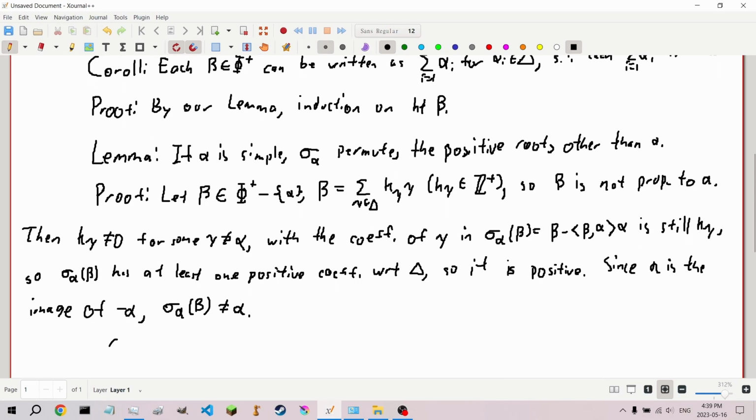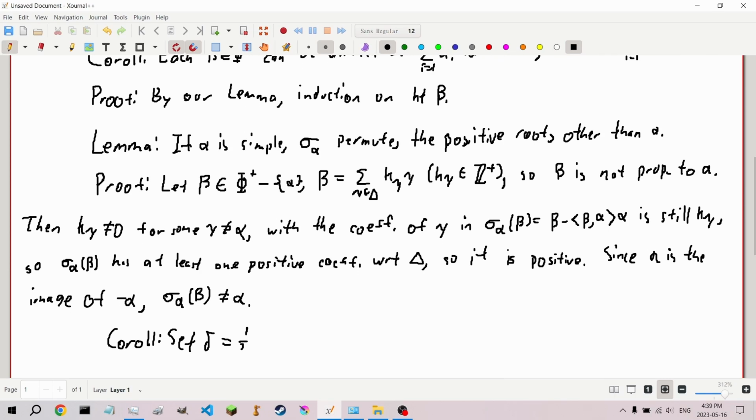And there's a corollary to this. We set delta to be 1/2 of the sum of our positive roots beta.